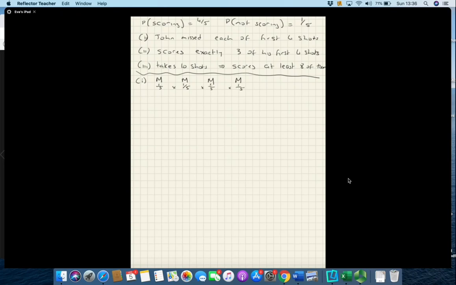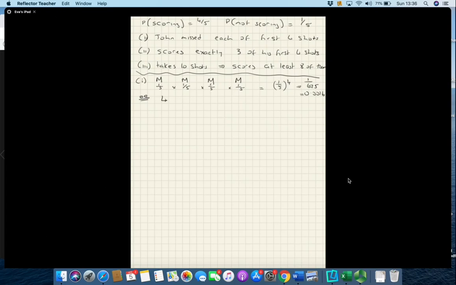He misses, and he misses, and he misses, and he misses, which is a 5th to the power of 4, which is something very small. 1 over 625, which is 0.0016.